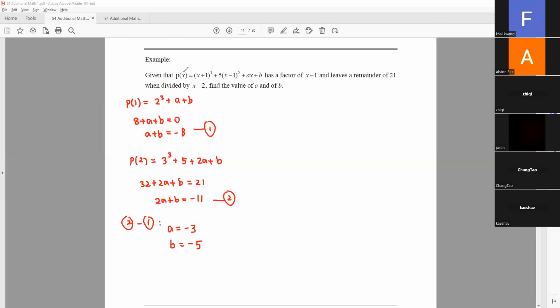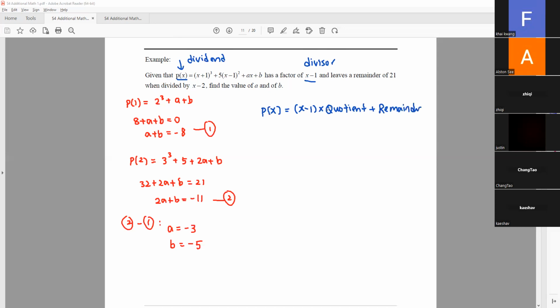Okay, so if you are a bit confused why like that, let's take a look at the long way of doing. So this is my divisor, this is my dividend. So what is their relationship? P(x) is equal to x minus 1 times quotient plus remainder, correct?